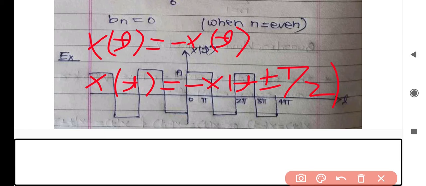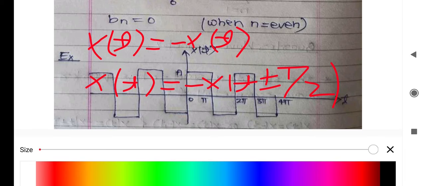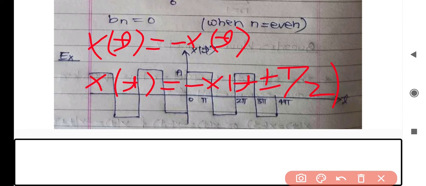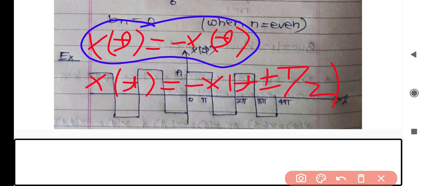And if the signal is having quarter wave symmetry, then it means that a naught and an will be equal to 0.